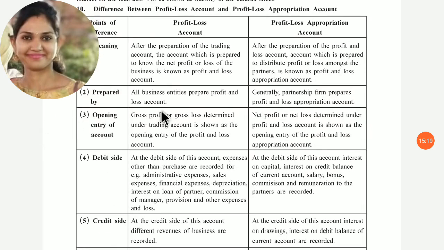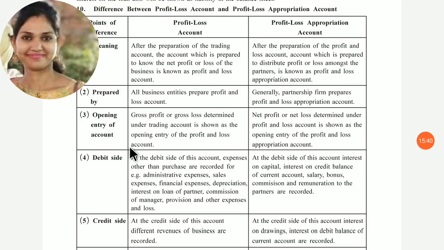Opening entry of the account: gross profit or gross loss determined under the trading account is shown as the opening entry of the P&L account. Net profit or net loss determined under the profit and loss account is the opening entry of the P&L appropriation account.